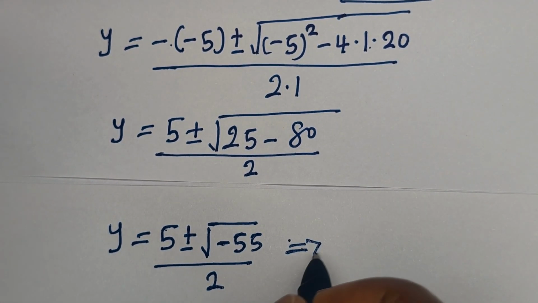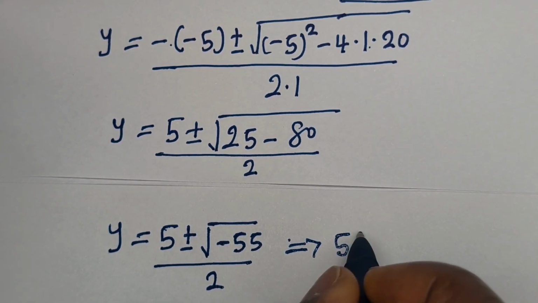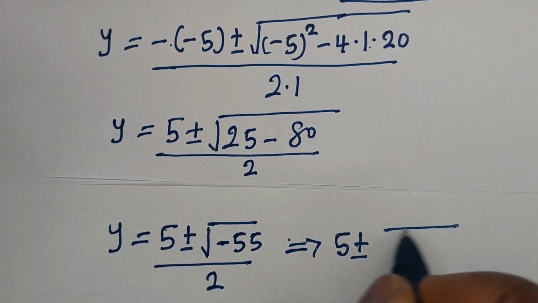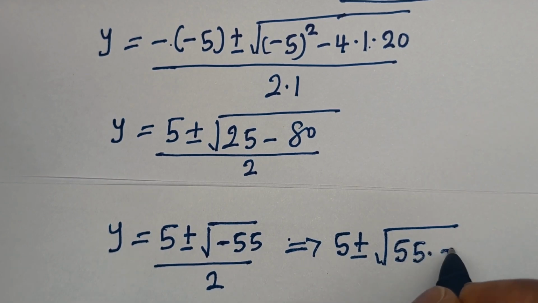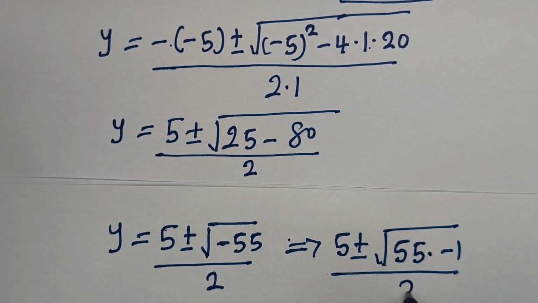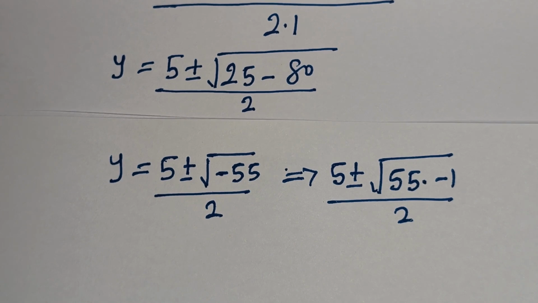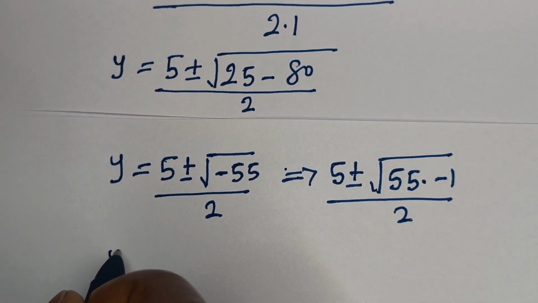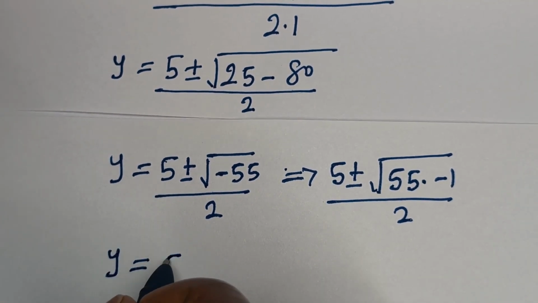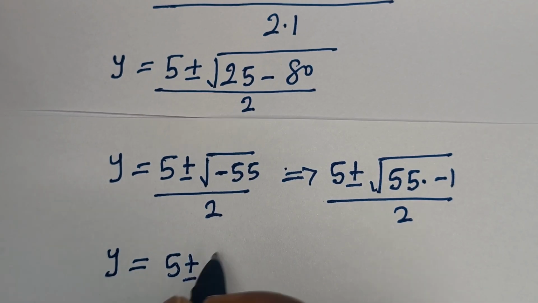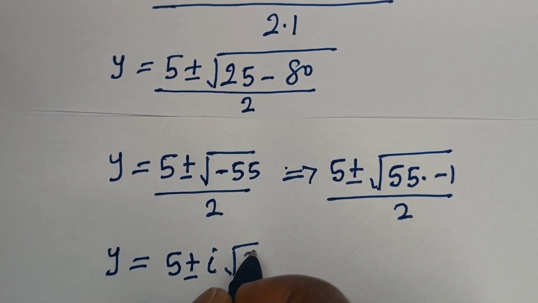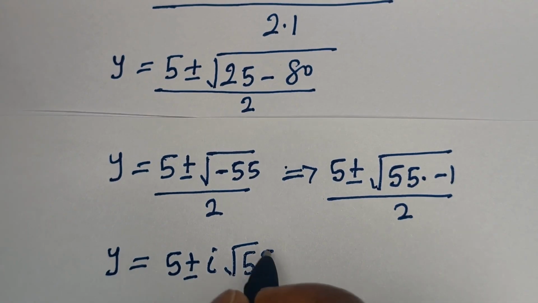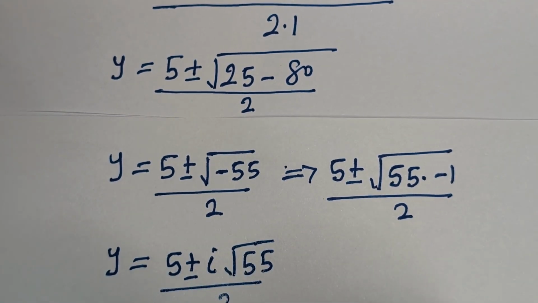And this is the same thing as 5 plus or minus square root of 55 multiplied by minus 1 over 2. y is equal to 5 plus or minus square root of minus 1 is i root 55 over 2.